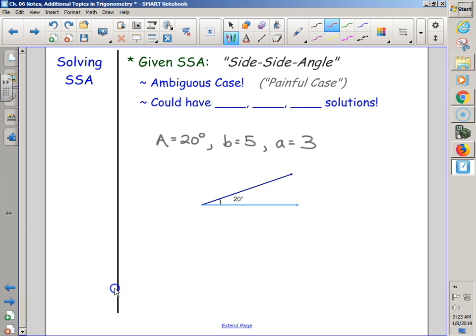Angle A is 20 degrees. Side B is 5. Side A is 3. Plug it in. Solve for the unknown. Plugging in isn't so much the hard part. It's the extra hidden case that gets weird.